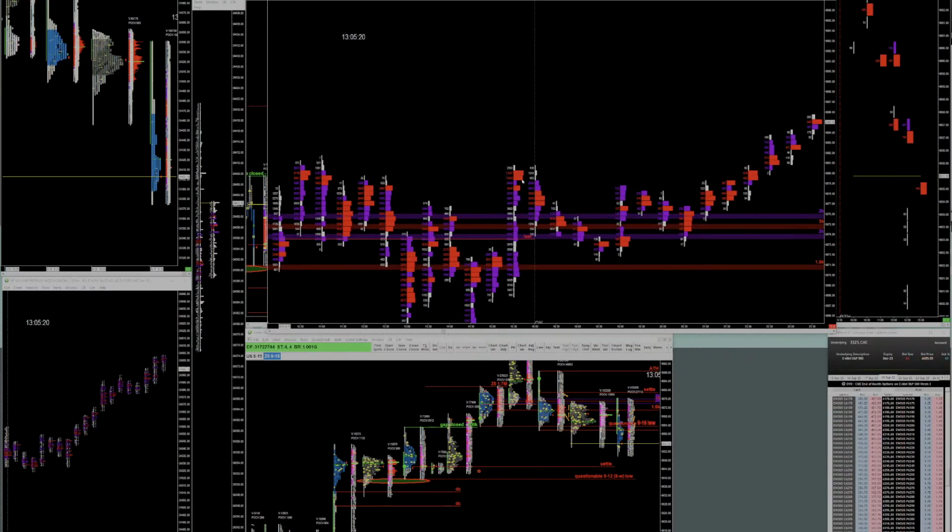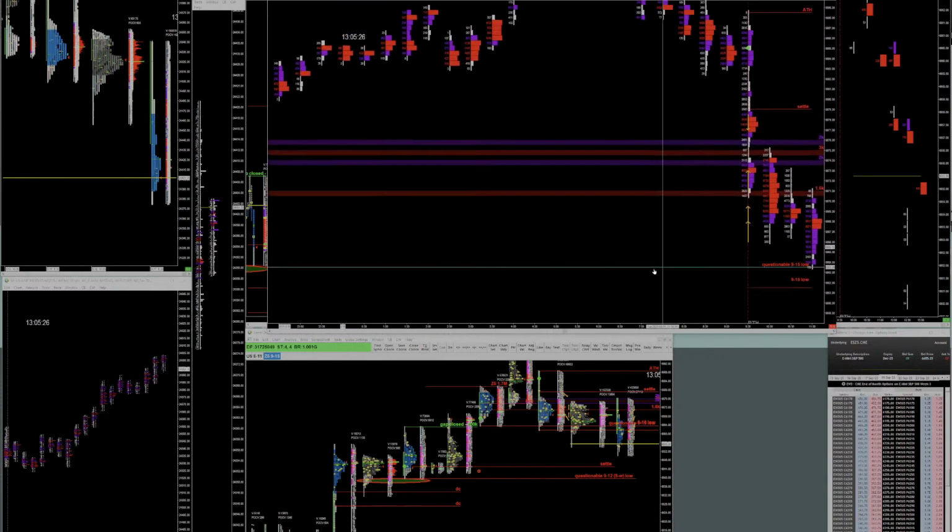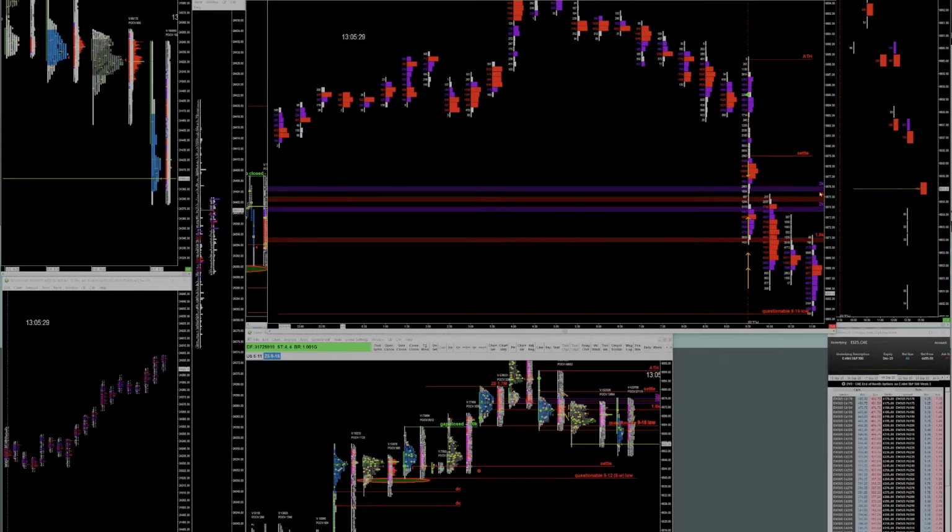Okay, what level is this? 6680, right? Where it opens the next day. Yeah, you can see continuation on that. No, the 80 is here actually.